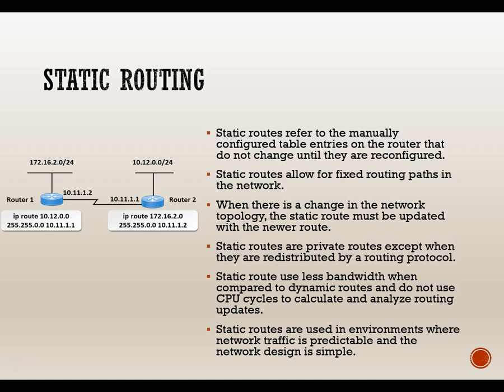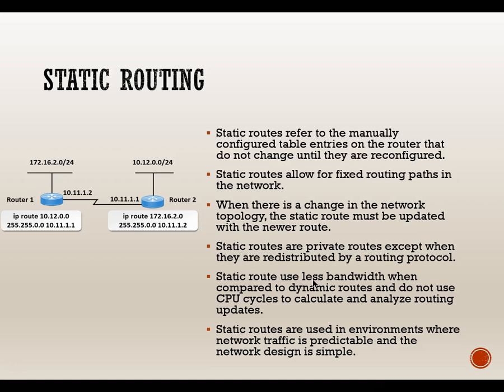What this means is that static routes do not get promulgated to other routers unless we take a specific action called redistribution and tell the OSPF, for instance, to redistribute static, to redistribute those routes, to advertise them to the other network.